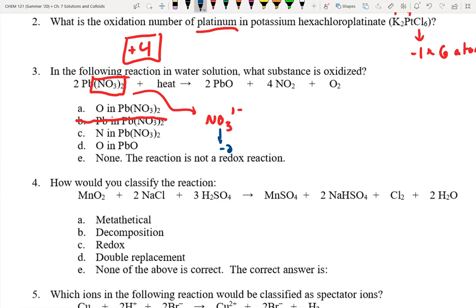And in this case, we've got 3 atoms, so it's going to equal a sum of -6. Now the question is, what's the charge going to be for our nitrogen?